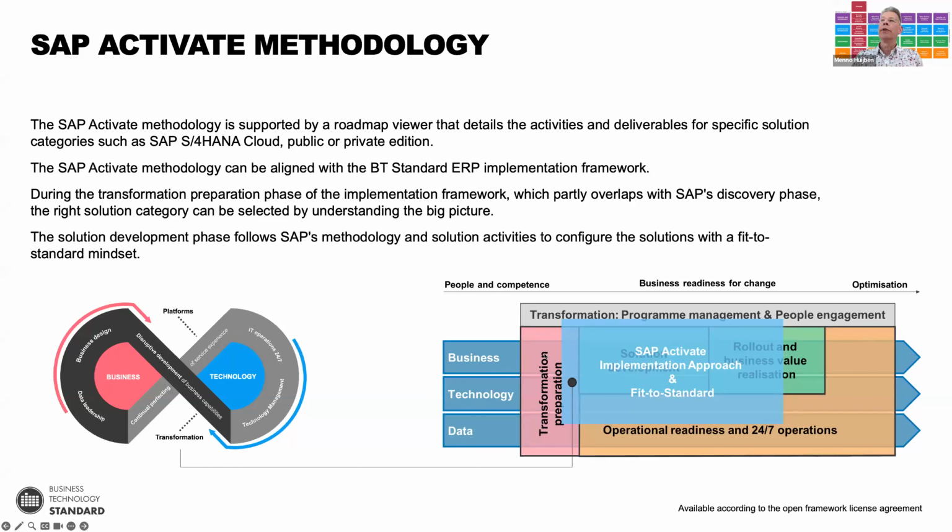SAP themselves, when we discussed, also positioned themselves more in this area, that they're really in the solution implementation, or they talk more about fit to standard, and that their methodology is very much focused around the implementation approach. So it has some elements about the transformation, something about the maintenance, something about the rollout, but the main focus is about the implementation approach.